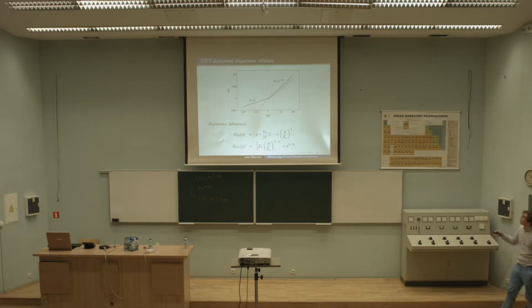But then if you go to the quantum domain, you get a deviation from the classical dependence, and these are two asymptotic behaviors. In the infrared limit, which is here, you have the linear dependence in agreement with the classical theory, and then you have a cubic deformation here to the leading order. And then in the UV, you have this power law dependence, which I will investigate later.